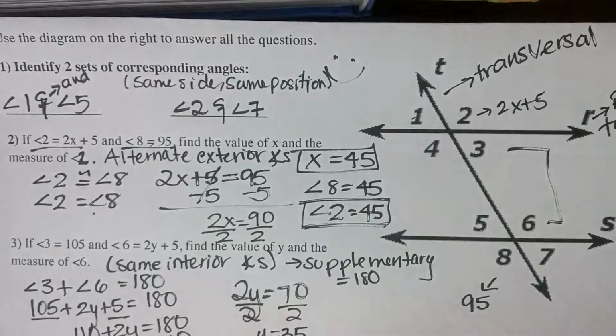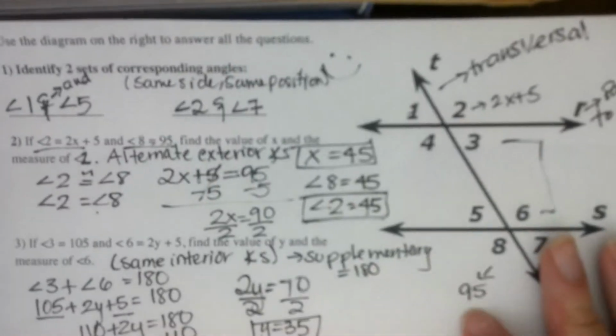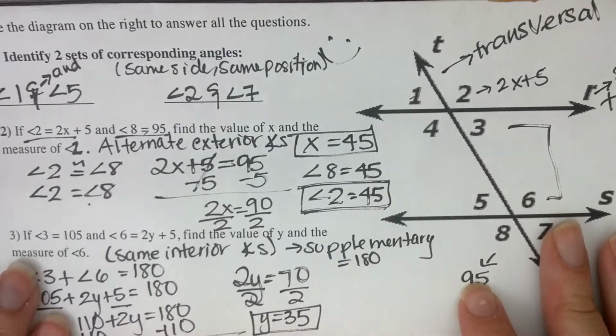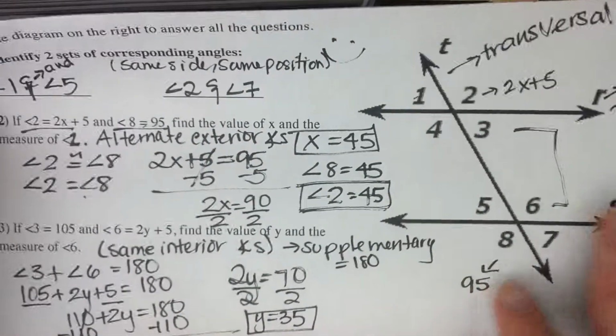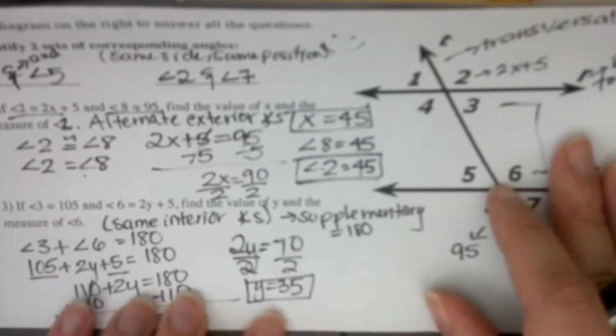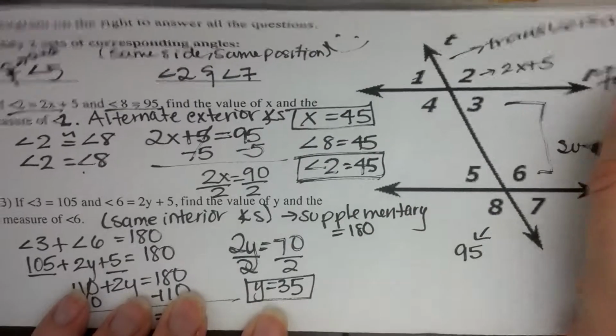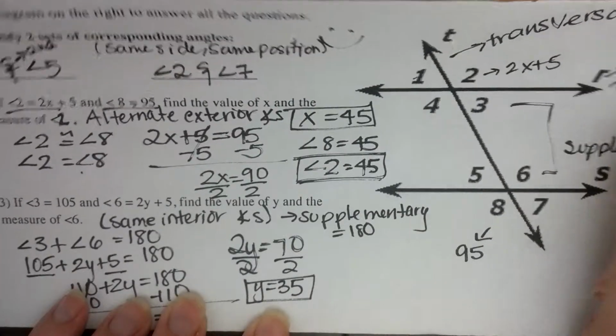Now, does that answer the question? I always ask myself that because I want to make sure that I'm answering the questions that are given to me. So y equals 35. Once I've done that, I still have to find the measure of angle 6. Remember I said that these two are supplementary, so they equal 180.